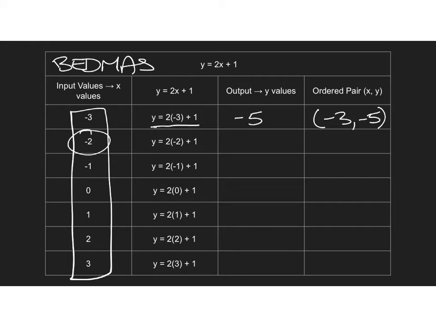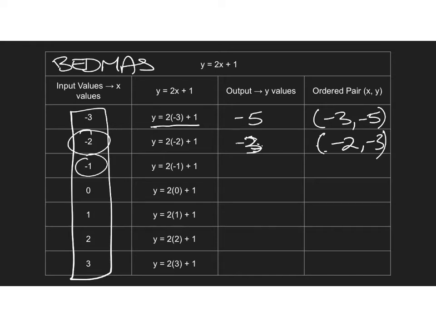So 2 times negative 2 plus 1 is negative 3. So our ordered pair is negative 2, negative 3.